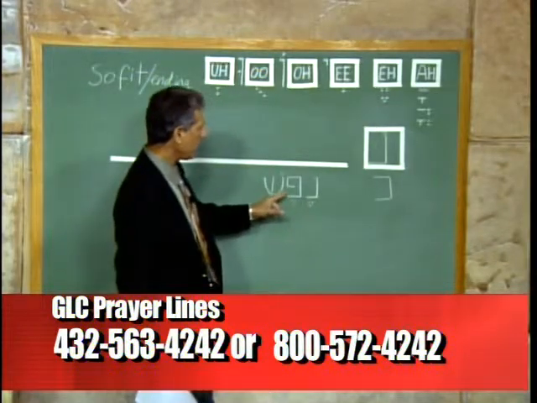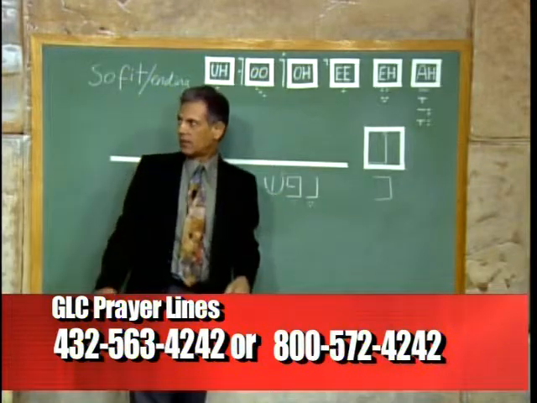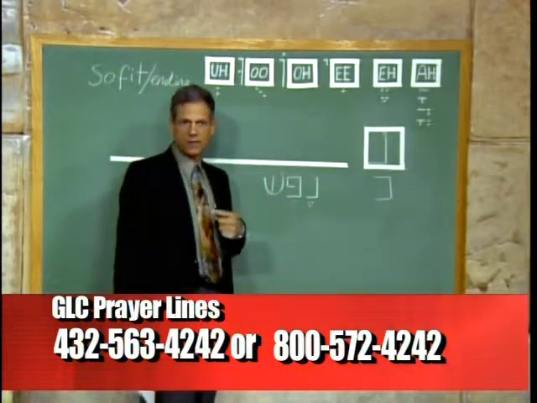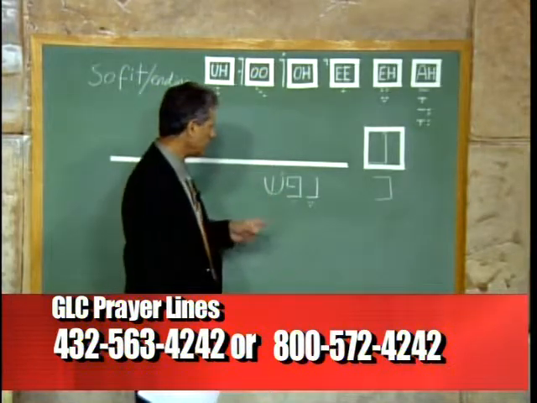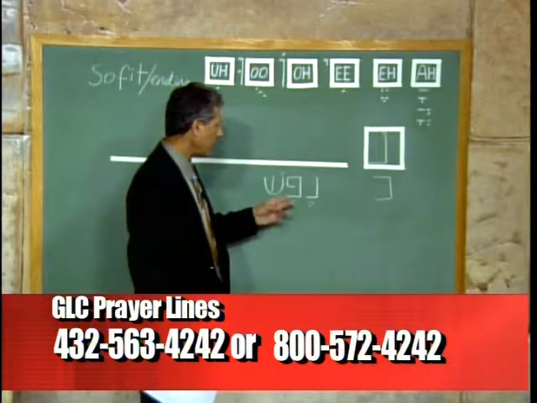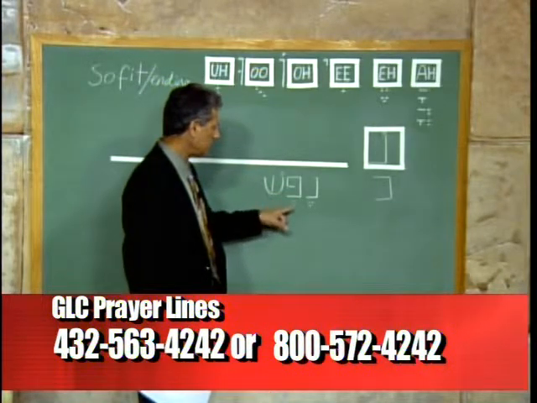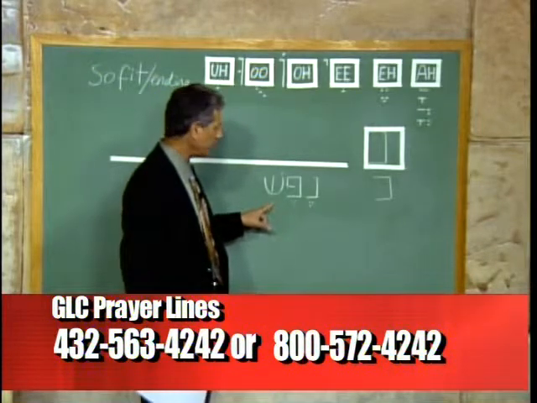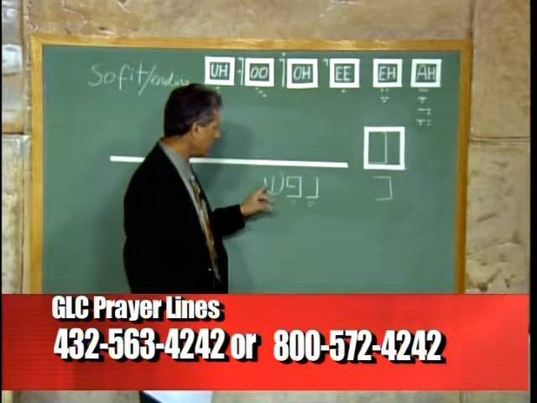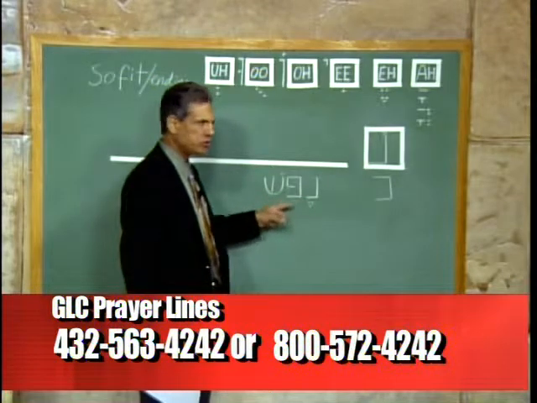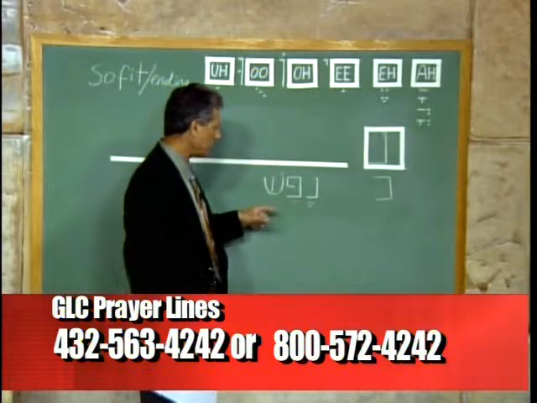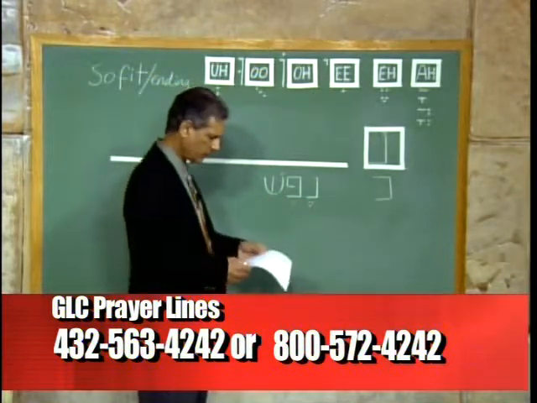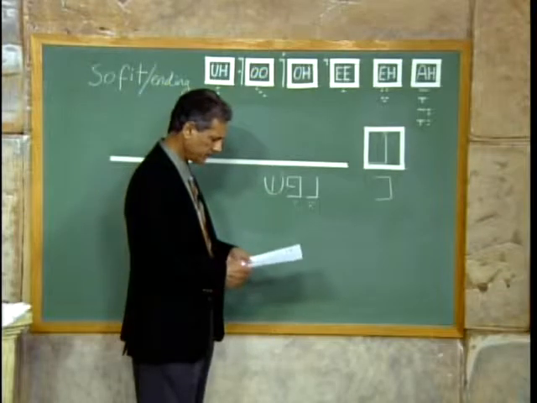Here's the letter Pei, which we're going to learn in a minute. The letter Pei has an e sound, and the letter Shin, which is at the end of the string of letters, ends the word. Nefesh, nefesh, which is a soul. That's a word that many people know.